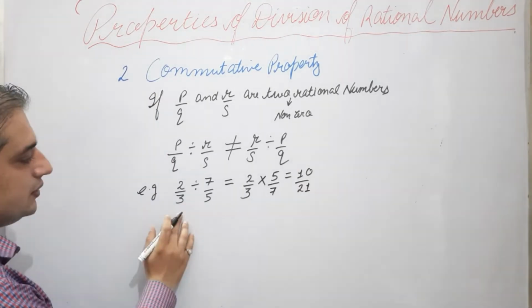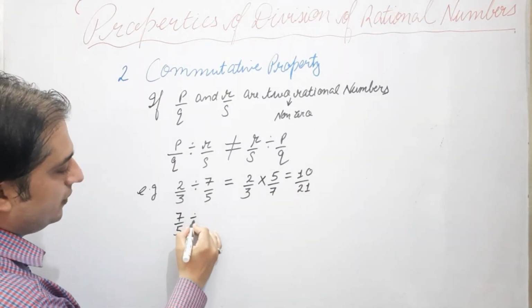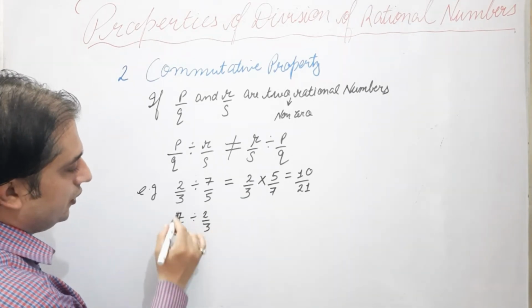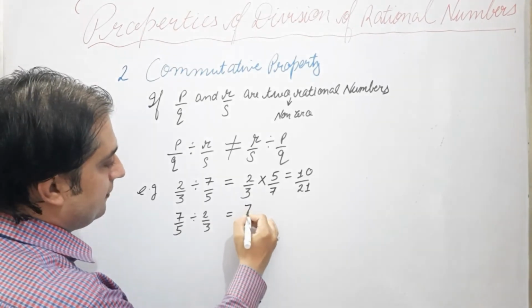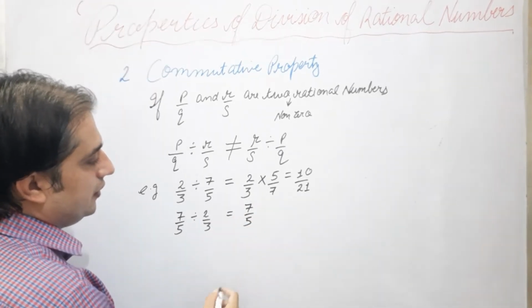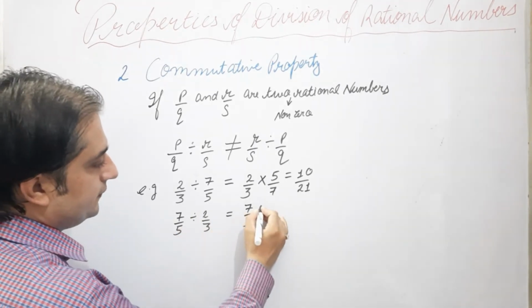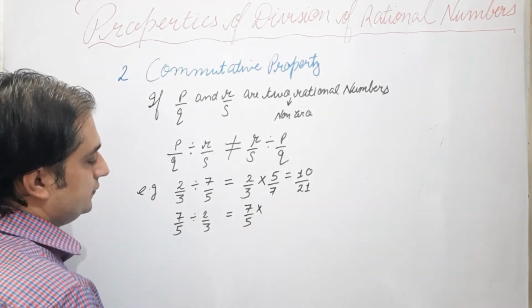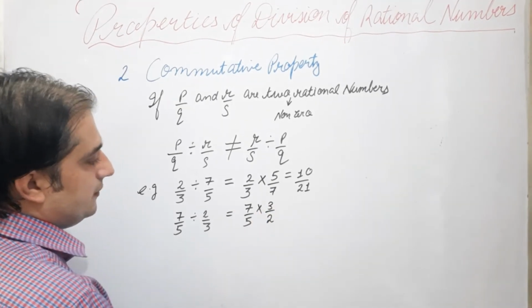Now if we divide 7 by 5 with 2 by 3, in this case this is your dividend and this is your divisor. So 7 by 5, instead of dividing with 2 by 3, you just multiply it with the multiplicative inverse of the divisor, that is 3 by 2.